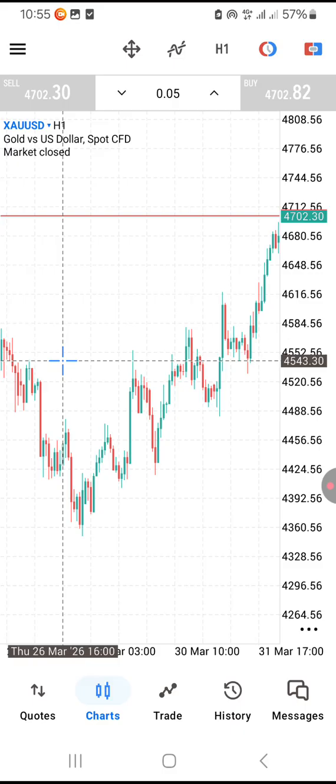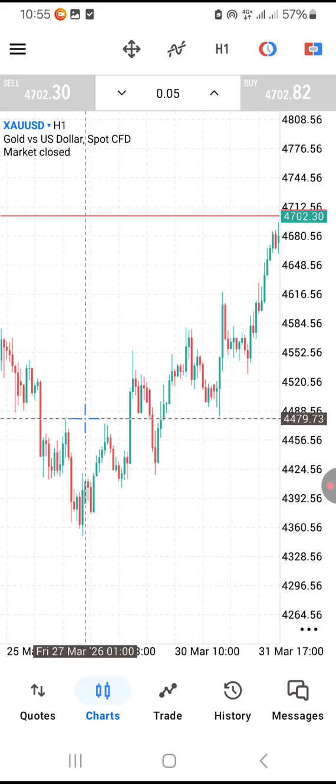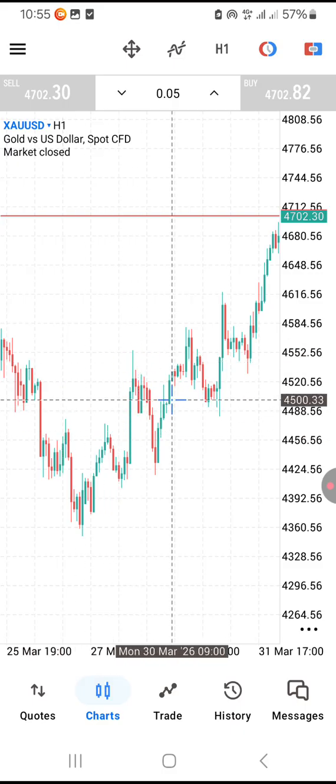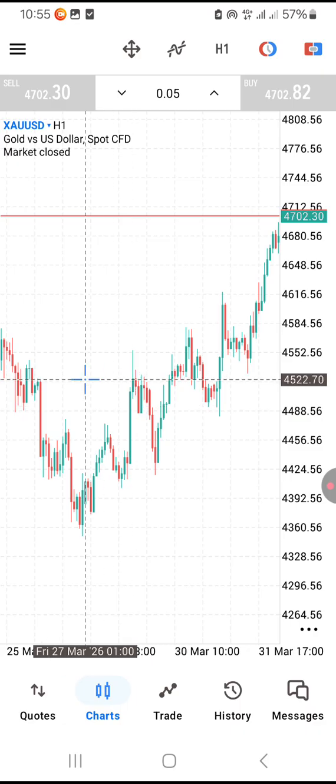These movements, the highs, the lows, the breakouts, you understand? This movement tells us whether the market is bullish, bearish, or ranging. Bullish is when buyers are many. When you say the market is bullish, that means it is going up.